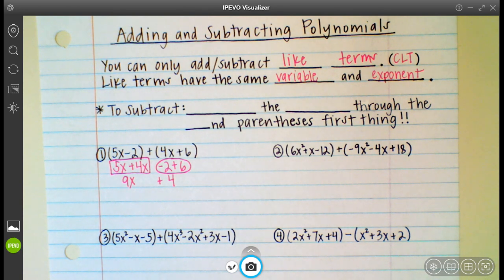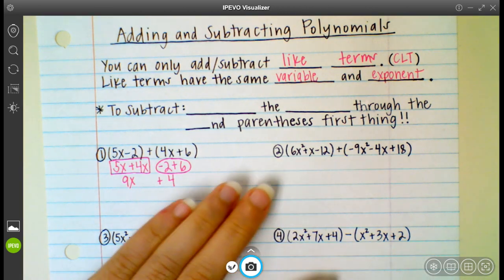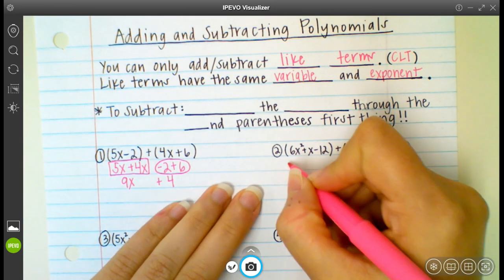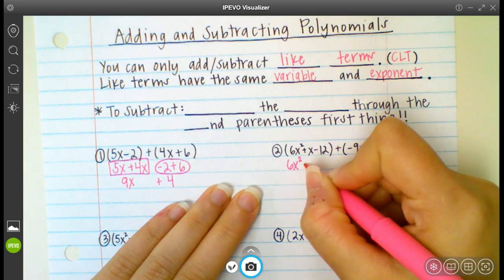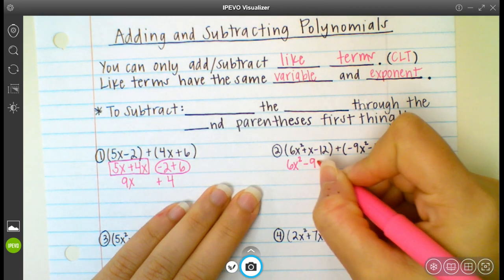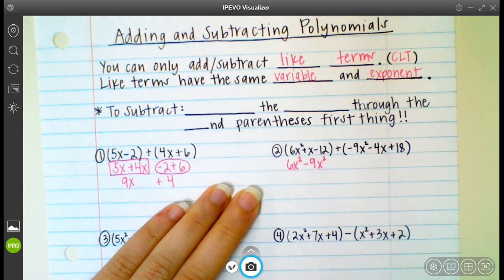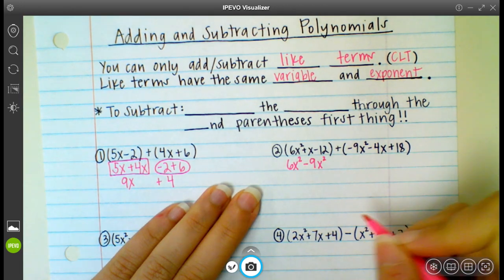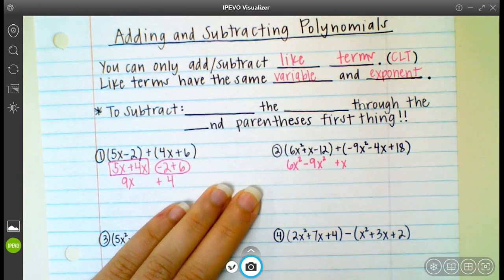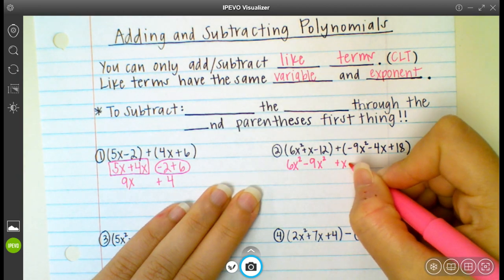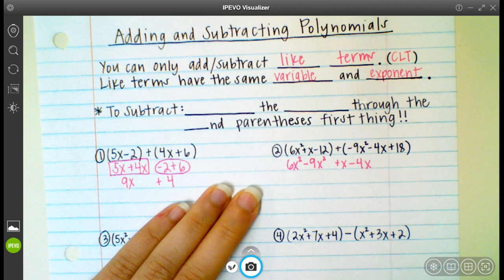Number 2 has a lot more stuff, doesn't it? So we're going to take the 6x squared from the first parenthesis, and we see negative 9x squared in the second parenthesis. In the first parenthesis, we see a positive x, and in the second, we see a minus 4x.